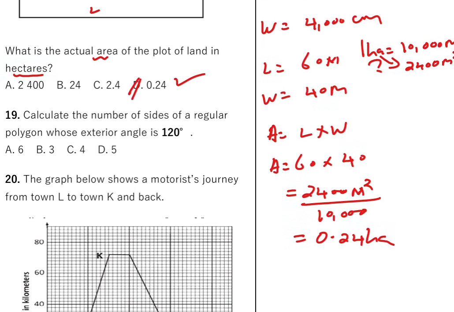Continue to number 19. Calculate the number of sides of a regular polygon whose exterior angle is 120 degrees. So you know that the formula for an exterior angle is given by 360 over n, where n is the number of sides. Here we have the size is 120, so I'm going to put 120 is equals to 360 over n.